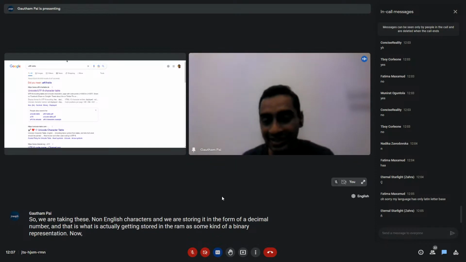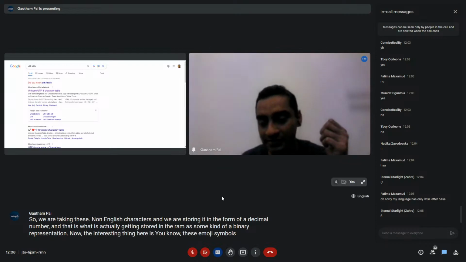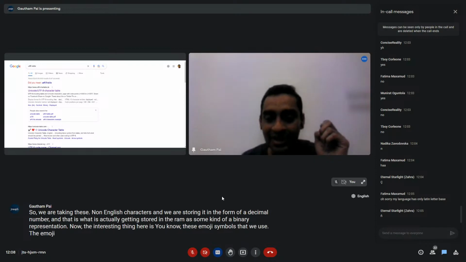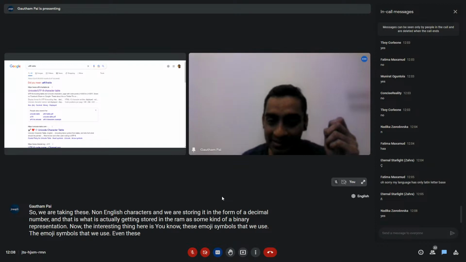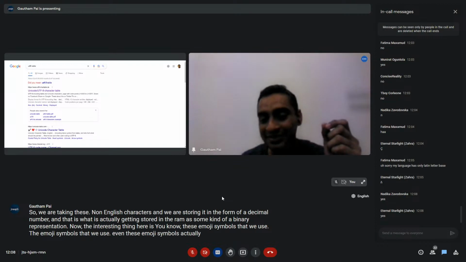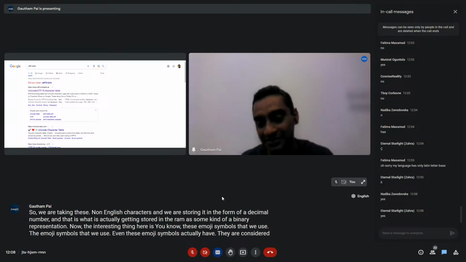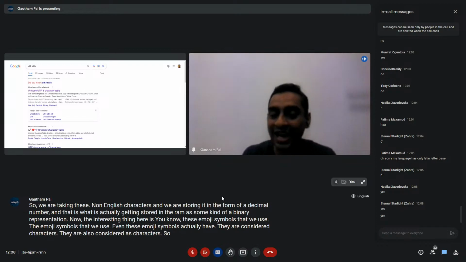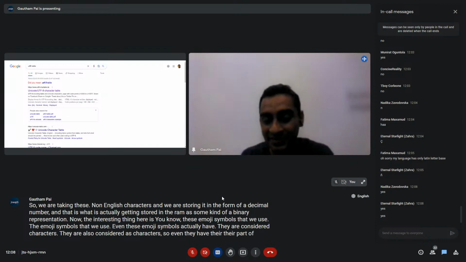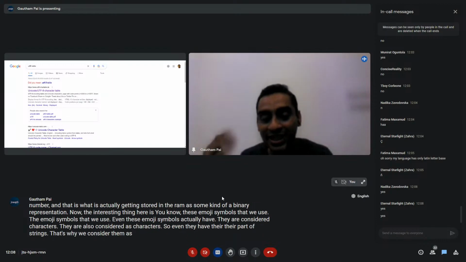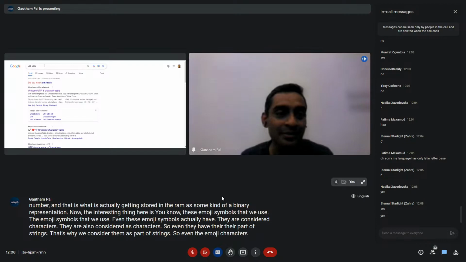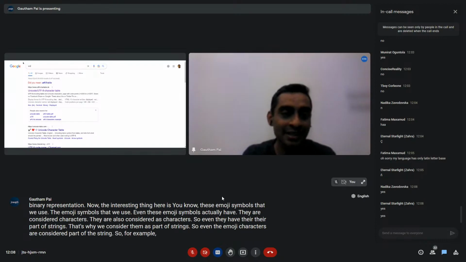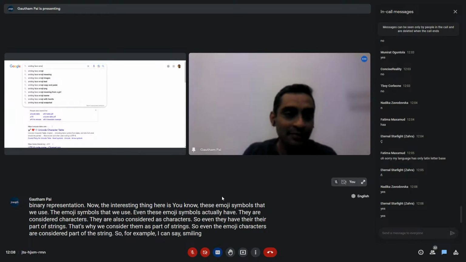Now, the interesting thing here is these emoji symbols that we use. Even these emoji symbols are considered characters. They are part of strings. That's why we consider them as part of strings. So for example, I can say smiling face emoji.